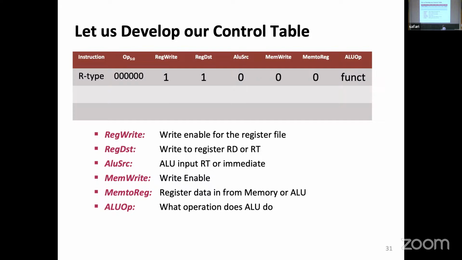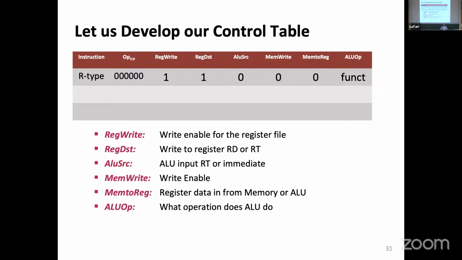And it's actually not so difficult. Once you start filling them in, you realize that all R-type instructions are recognizable by the fact that the first 6 bits are 0. So our control logic should definitely take a look at those first 6 bits, because those 6 bits tell us a lot. Once those 6 bits are 0, I will always be writing to the register file. There's no alternative. Then the destination will always be a register.